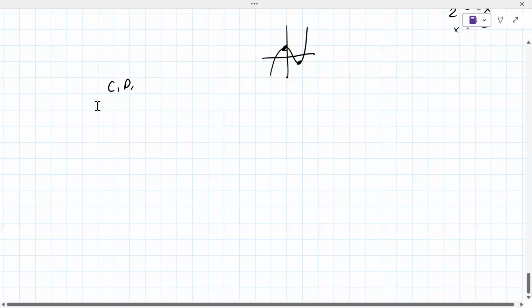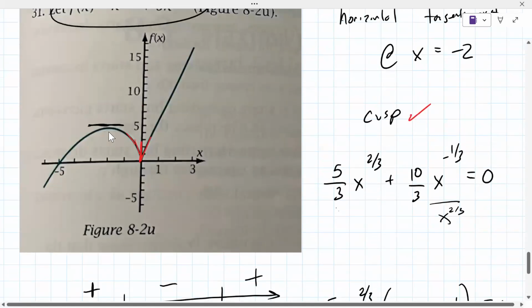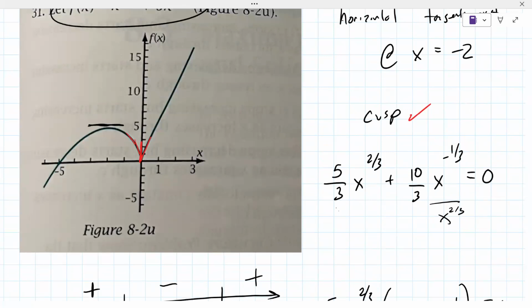Yes, exactly. That was the whole point of this problem: you knew ahead of time it was at -2, not 0. And then we found it using the derivative. Okay, that makes sense.